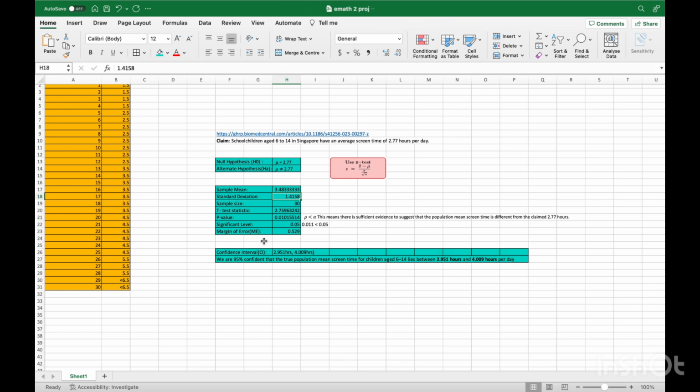This gave me an interval from 2.95 hours to 4.01 hours. This means we are 95% confident the true population mean for screen time lies within this range. Given this, it seems unlikely that the average is the claimed 2.77 hours.